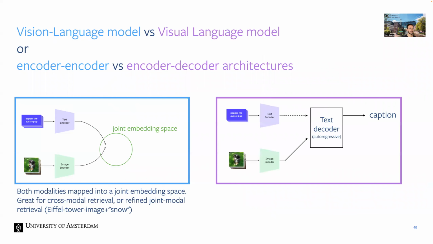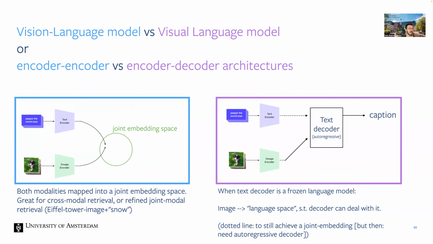There's this other family of models where this was the first example of it, where we call them visual language models. I mean, there's no one defining all of these, but visual language model makes a lot of sense. So for example, when the text decoder is a frozen language model, you map the image into this language space such that the decoder can deal with it.